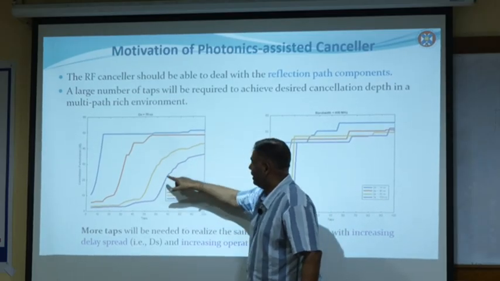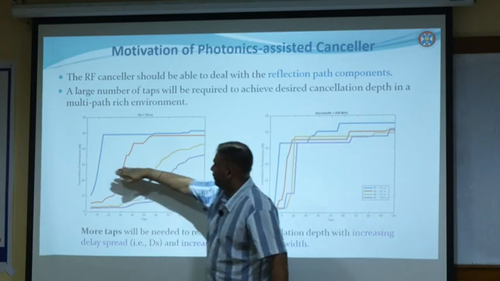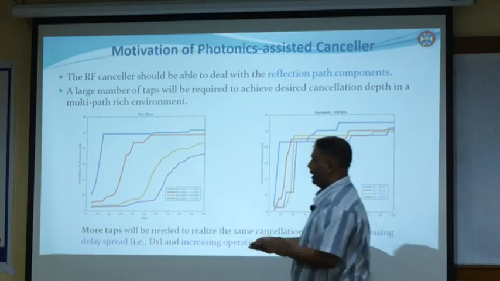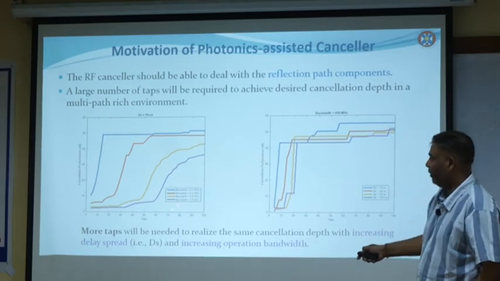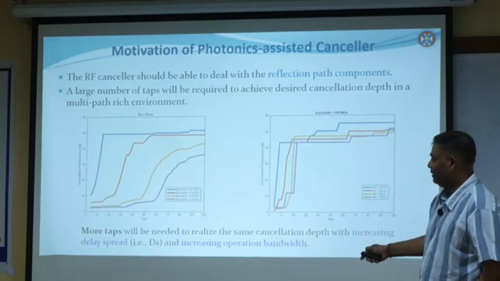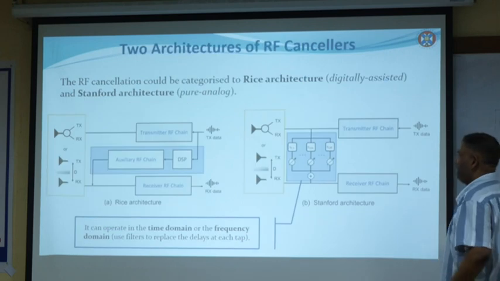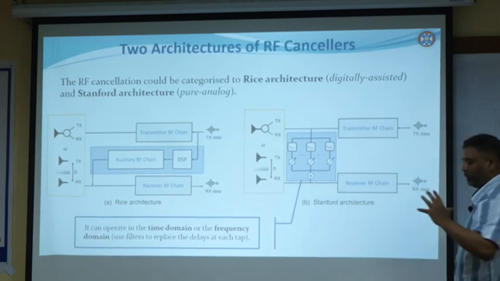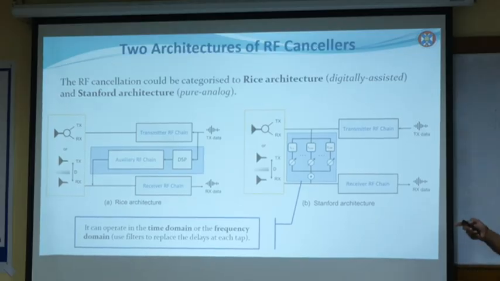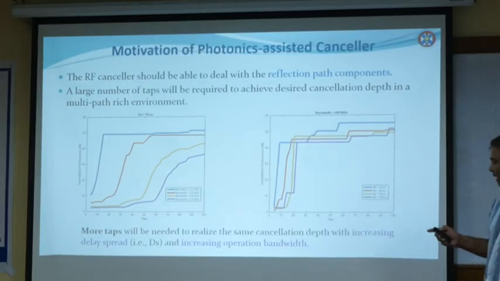To cancel a reasonable amount of self-interference, let's say around 30 dB, you need a lot of taps, 80 to 90 taps. That many taps cannot be created in a microstrip-based circuit. So we need to do optical domain cancellation.